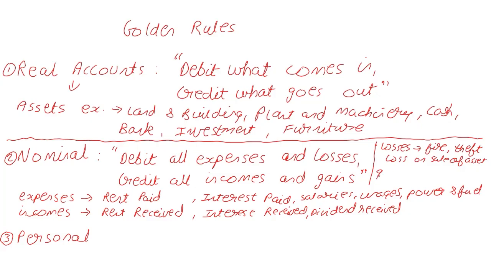Similarly, when we think about gains, the easiest one is gain on sale of asset. Okay, but that need not be the only example. There could be many others as well. It's not just for a sale of asset.